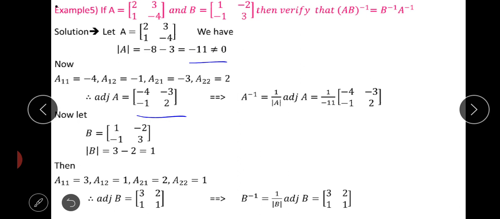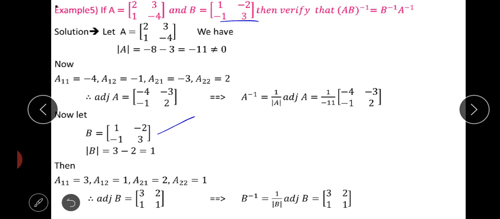This is A inverse. Similarly you have to find the B matrix. Therefore this is the B matrix, and here the determinant of B is equal to what? B is equal to [[1, -2], [-1, 3]].